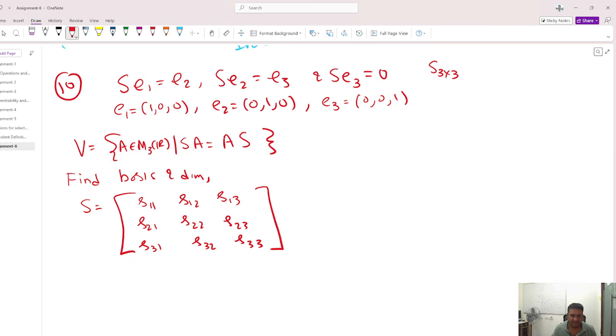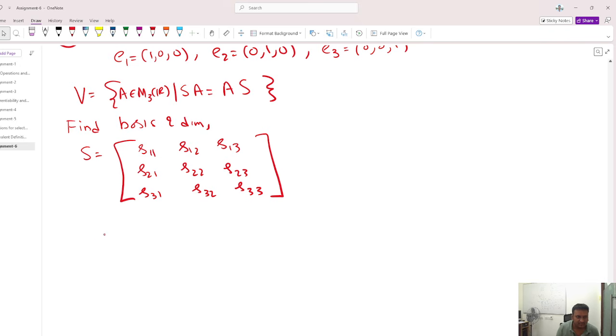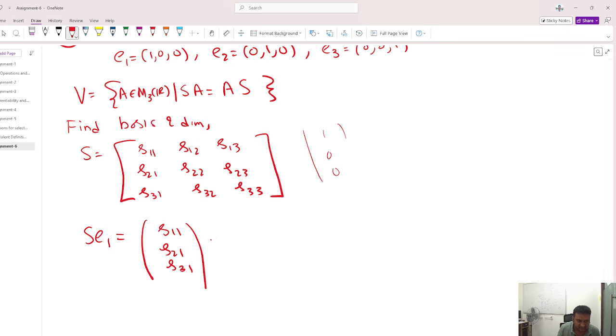So what is given? You have been given something, no? S of E1. What will be S of E1? You can compute, I'm not computing, multiply it by 1, 0, 0. So what you will get? S11, S21, S31, right? So this is what is given. This is E2, 0, 1, 0.